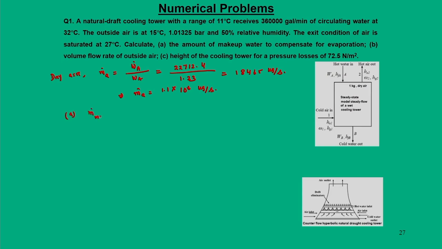So, for the first part, we can write what is the makeup water. M dot makeup would be m dot air into omega 2 minus omega 1. So that is 1.1 into 10 to the power 6 into 0.02268 minus 0.005277.